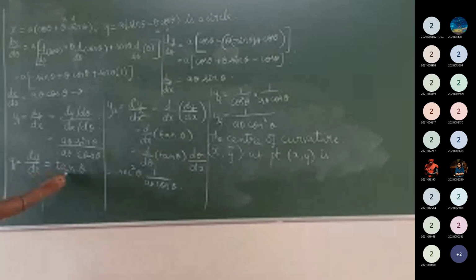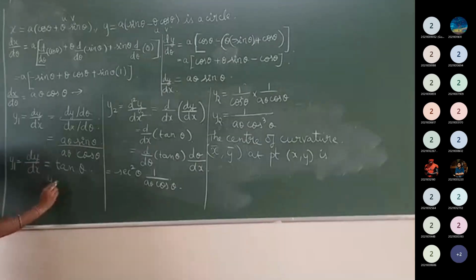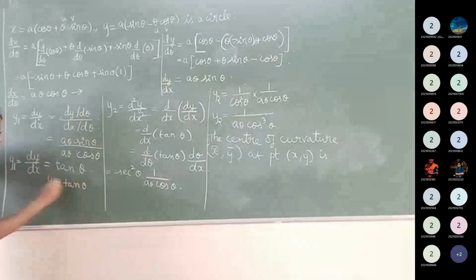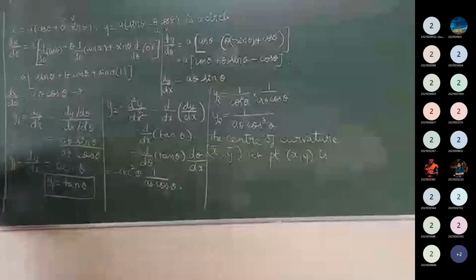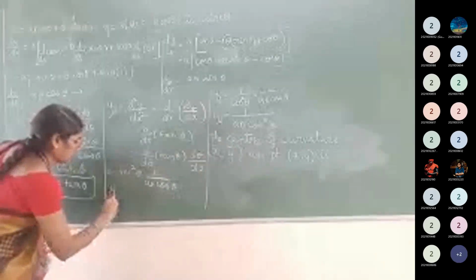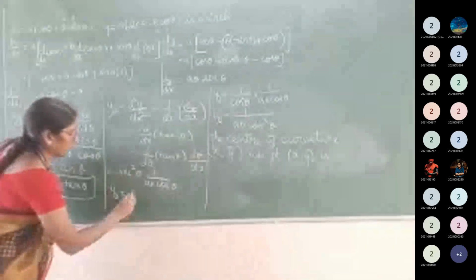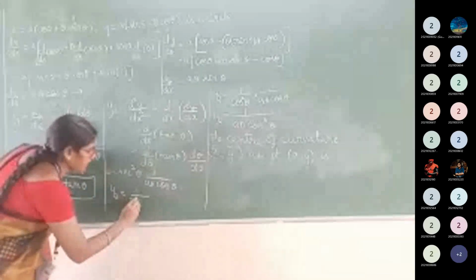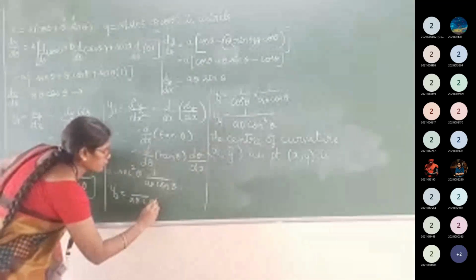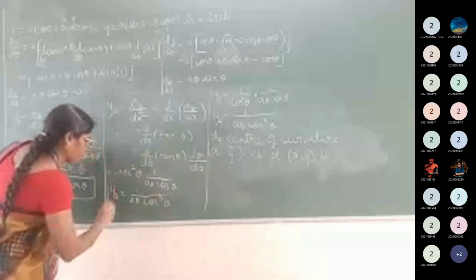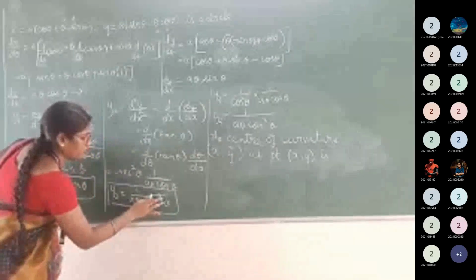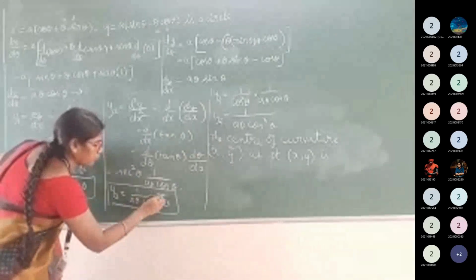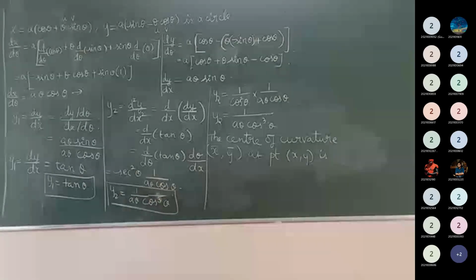So this is your y1. y1 is equal to tan theta. Then y2 is equal to 1 by a theta cos cube theta. This is your y2.